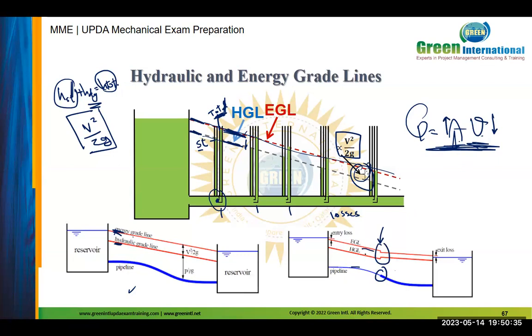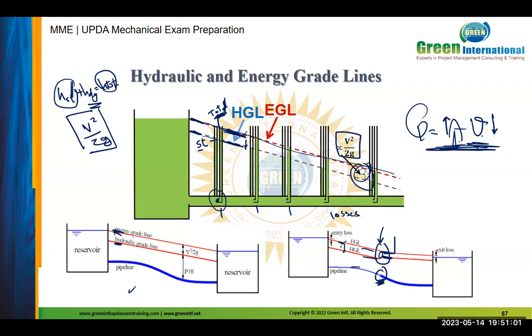The velocity here is the same. This is the initial or first condition. In the second condition, due to the expansion, velocity decreases. So it decreases at this cross section and continues again with the same difference.